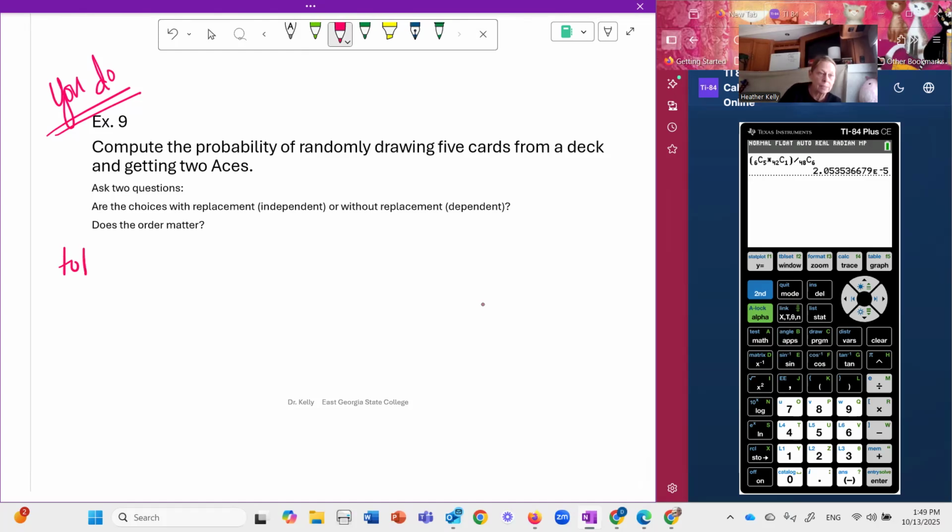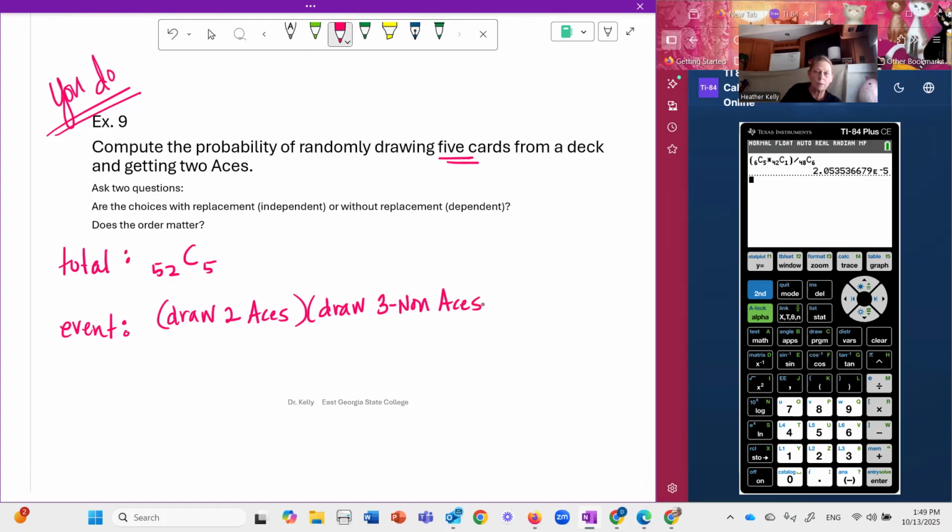The total is the same as the last problem, because we're still drawing 5 cards from 52. And the event this time is draw 2 aces, draw 3 non-aces. So I'm going to leave you with that.